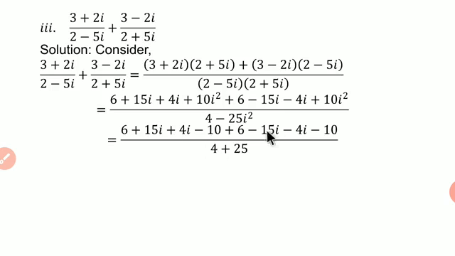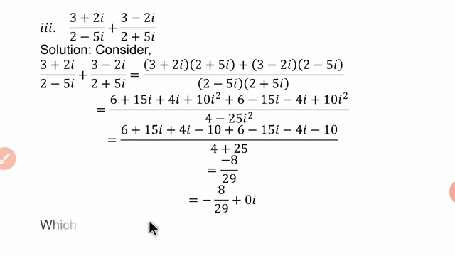Now 15i - 15i get cancelled, 4i - 4i get cancelled. Now 6 + 6 is 12, -10 - 10 is -20. So 12 - 20 is -8. So it is equal to -8/29. We rewrite this term as -8/29 + 0i, because our aim is to reduce the given expression to the form a + bi.